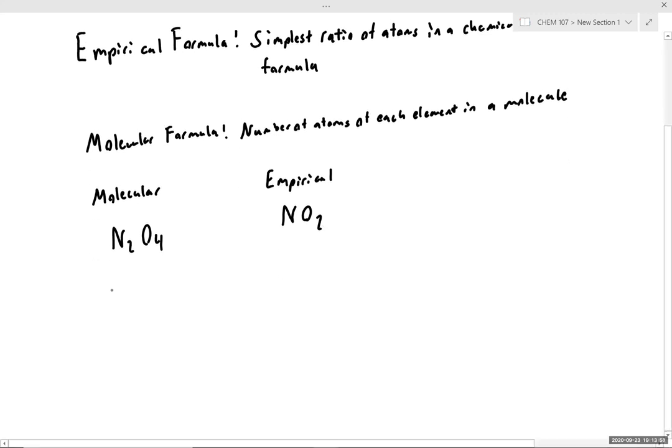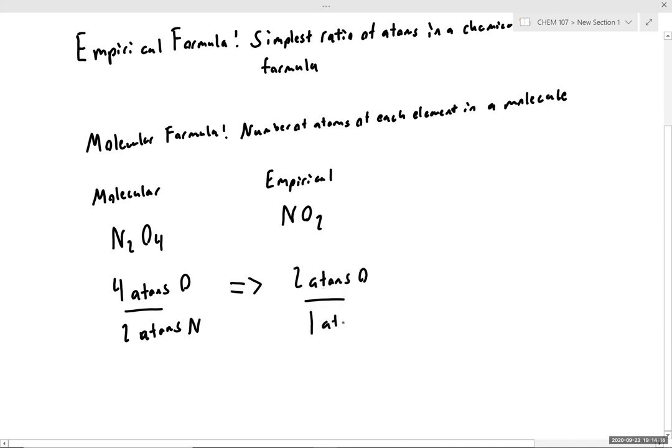In other words, in this case, if our molecular formula has 4 atoms of oxygen per 2 atoms of nitrogen, we can simplify it to 2 atoms of oxygen per 1 atom of nitrogen.